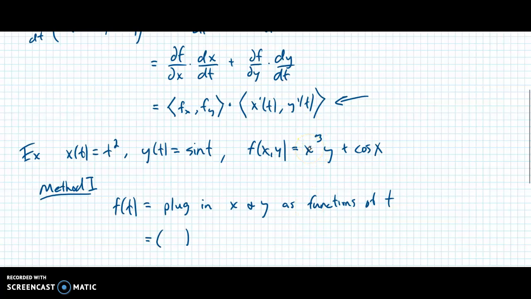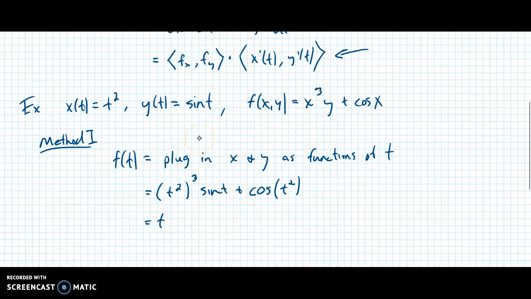So cubed, and then what am I going to put in there? This t squared right here. And then I got a y, so y is sine t. And then I got cosine of x, so it's plus cosine of, and what's x? That's t squared. So when I simplify, I get t to the 6 sine t plus cosine of t squared.